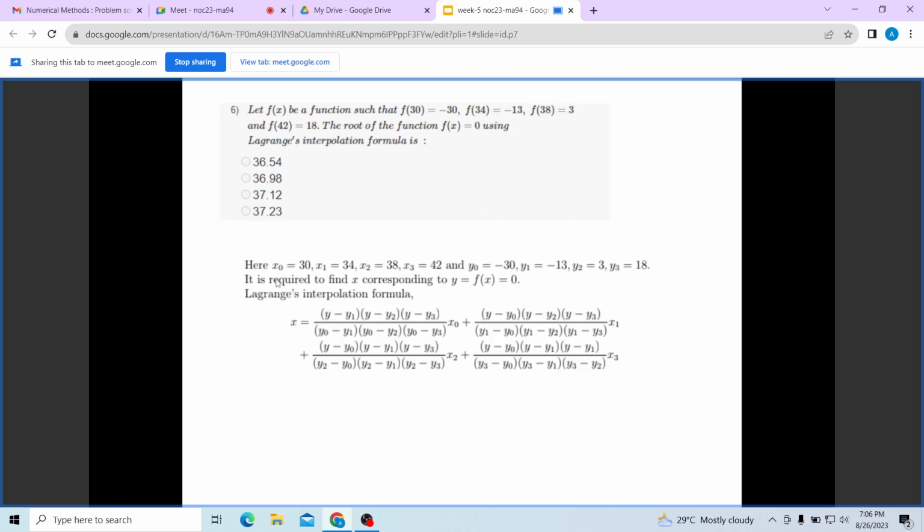So you have all the values x naught, x1, x2, x3, and y naught, y1, y2, y3, and you also know the value of y, that is 0. So substitute all these values and calculate the value of x, that is the root of the function.